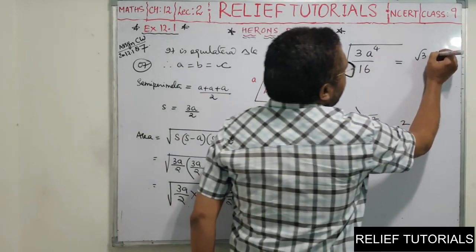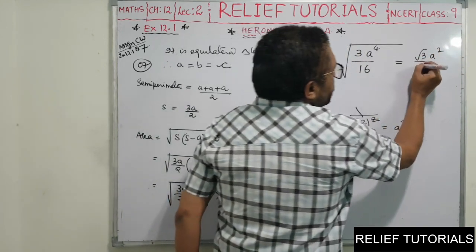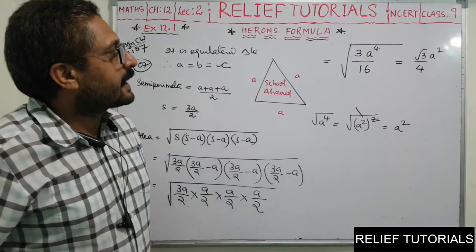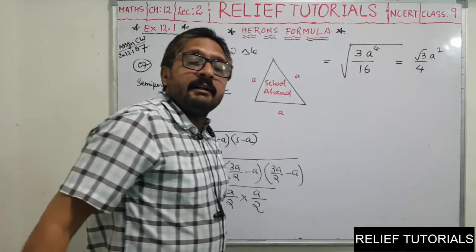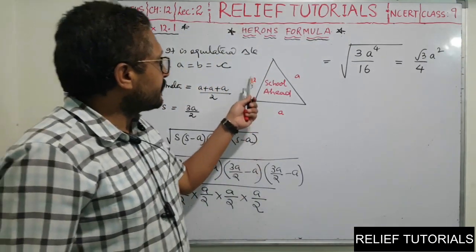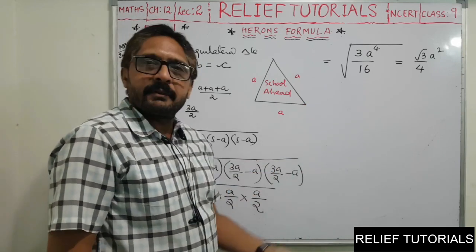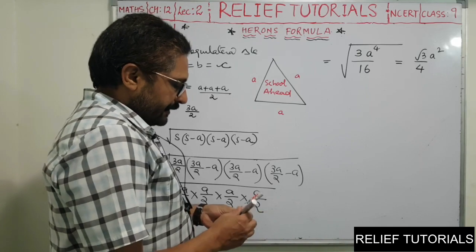So here you will get A square upon root 16. Root 16 is 4. So area of an equilateral triangle is root 3 upon 4 A square, where A is the measure of sides of the triangle. You have to remember this formula, a very important formula: area of an equilateral triangle.